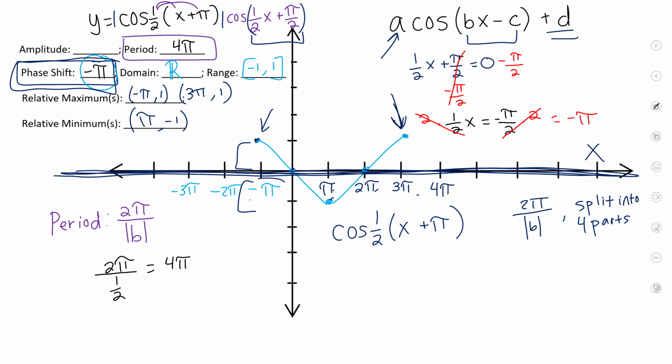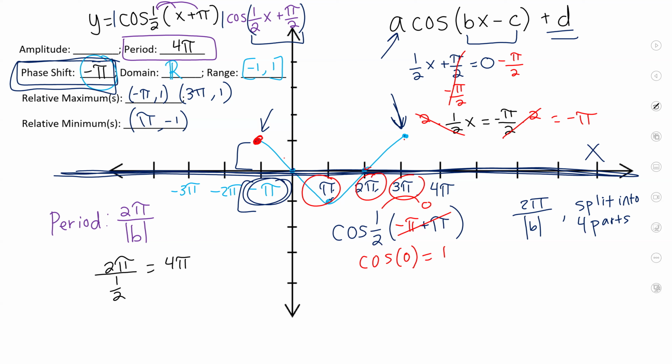So I'll just plug in this x value. Let's see if I'm right. I'll erase this x value and I'll plug in a negative pi. Well, negative pi plus pi is 0. 1/2 times 0 is still 0. So cosine of 0 is just 1. And that's what I have. Okay? So you could also just plug in these numbers and get each of your points as well.